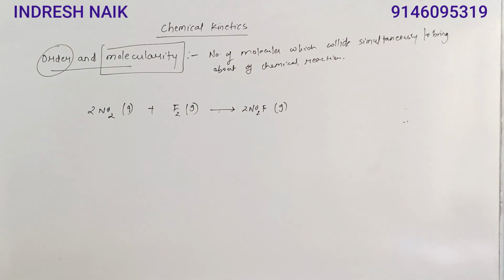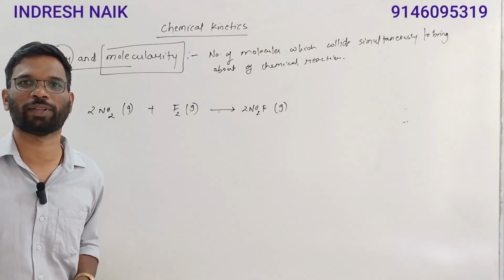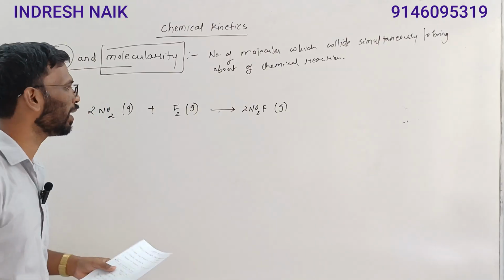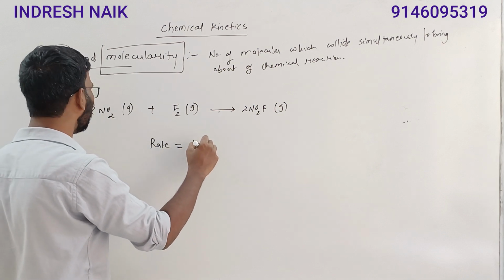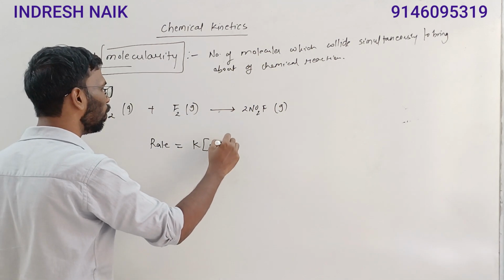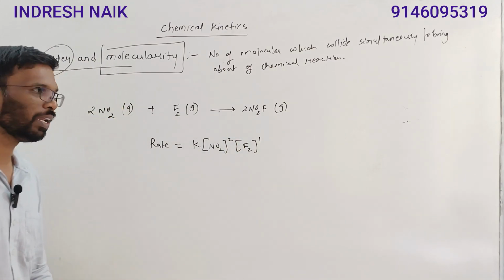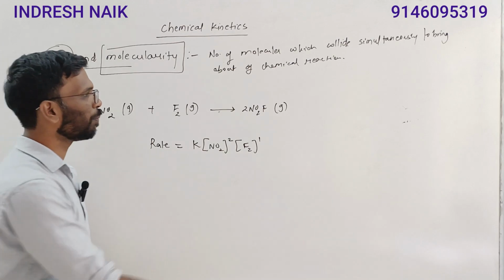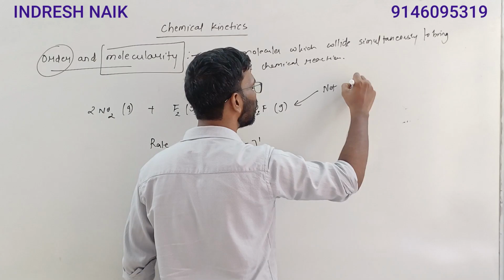Now, what do we expect for the rate law expression? You cannot write a rate law expression unless it is mentioned that this is a one-step reaction. If it is a one-step reaction, then you will write rate is equal to k, concentration of NO2 raised to 2 and concentration of F2 raised to 1. But in reality this is not a one-step reaction.